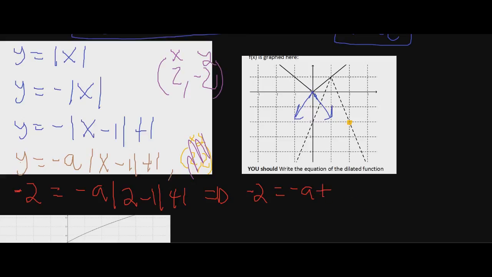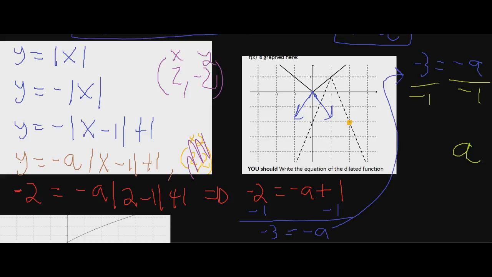What do we do to get rid of the addition? We subtract 1 from both sides. And we're going to get negative 3 is equal to negative a. What do we do to get rid of the negative? Well, we divide by negative 1. Negative divided by negative is a positive, and we're just going to get a equals 3.